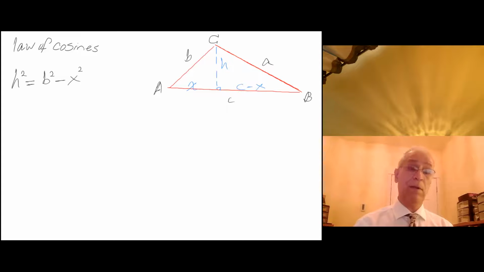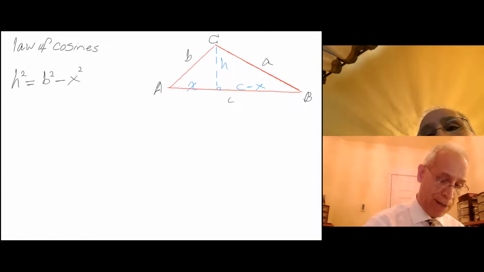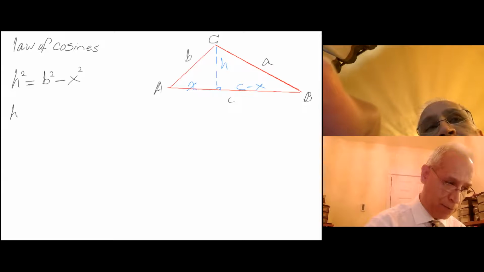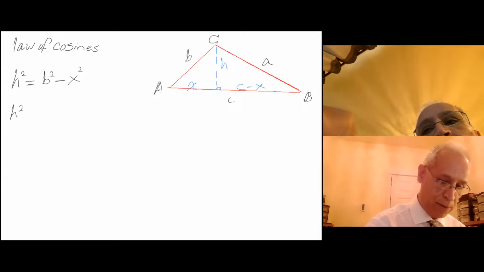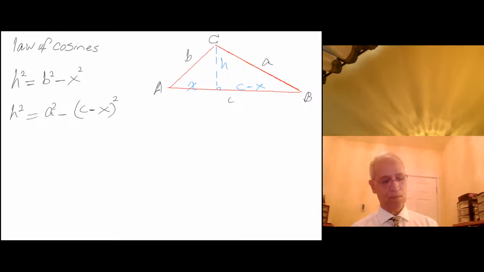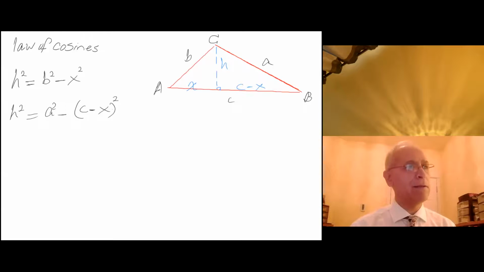And looking at the right-hand side triangle, I can also claim that h squared equals the hypotenuse a squared minus (c minus x) squared.